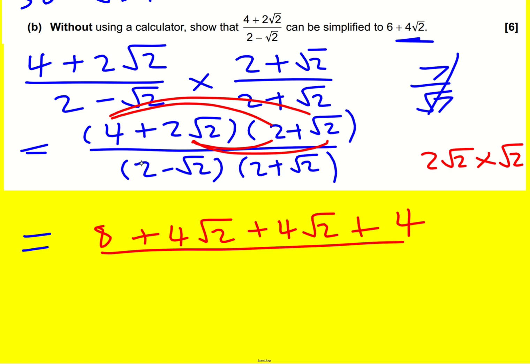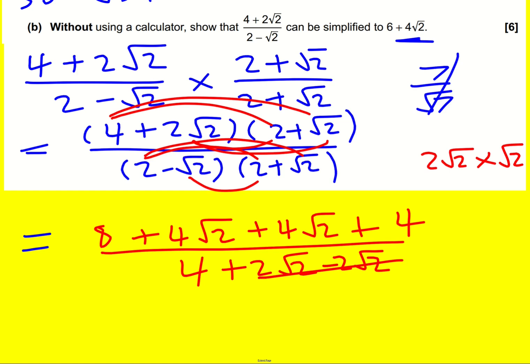Divided by 2 times 2, which is 4, 2 times root 2, which is 2 root 2, but now I get minus 2 root 2 in there. That is the whole point of changing the sign, because these two are going to cancel, and I'm left with minus root 2 times root 2, which is minus 2. We're nearly there.